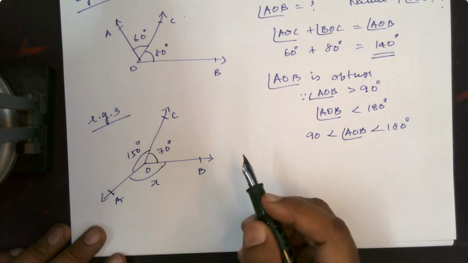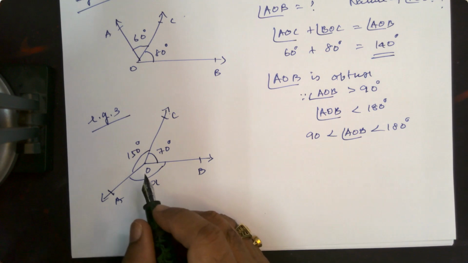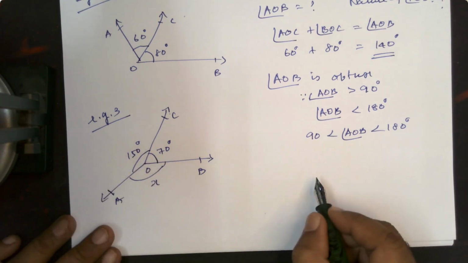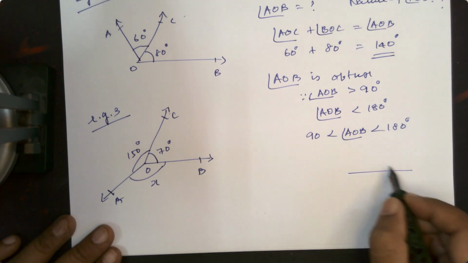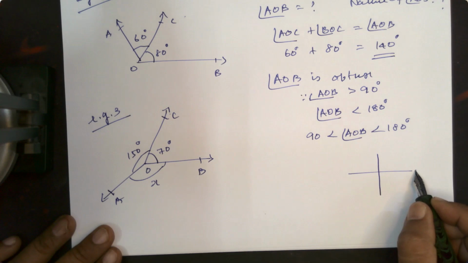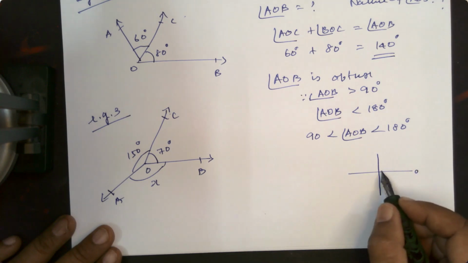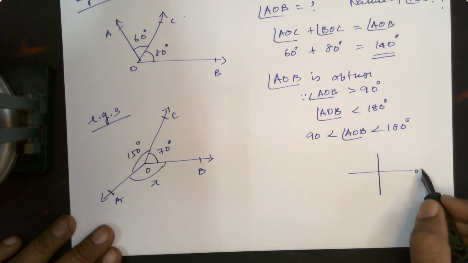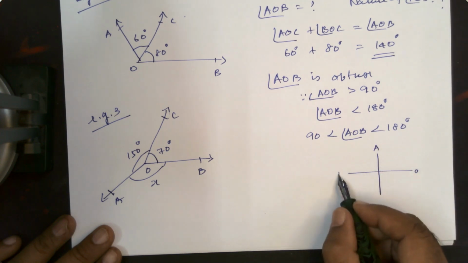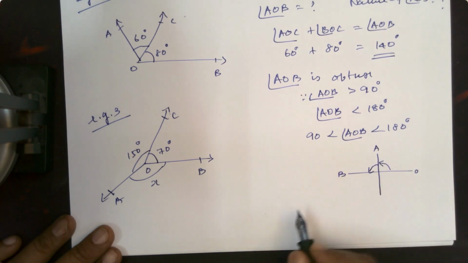Can anyone tell me? For a point, it is 360 degrees. So let us talk about the quadrant first of all. An angle starts here at O. When it reaches, let me say A, it becomes 90 degrees. When it reaches here, 180 degrees.